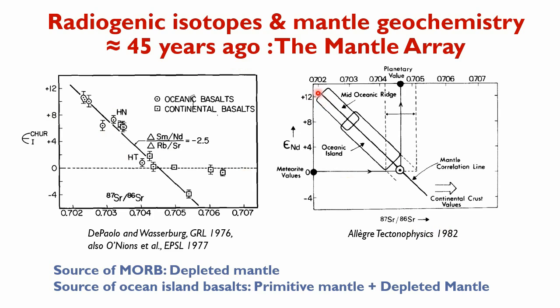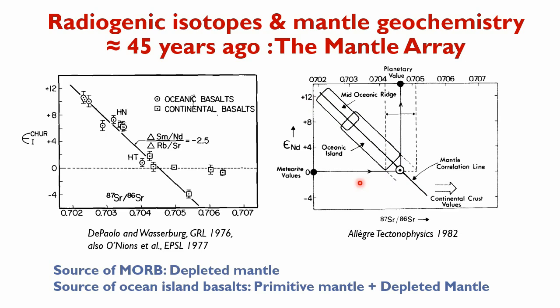A little later, here's a figure from a paper in the early 80s from Allègre, where we see schematically, there is no data here, but it's a model where you see the same correlation. And for the young people who probably don't realize that either, I want to point out that this correlation has been used to determine the strontium isotopic composition of primitive Earth.